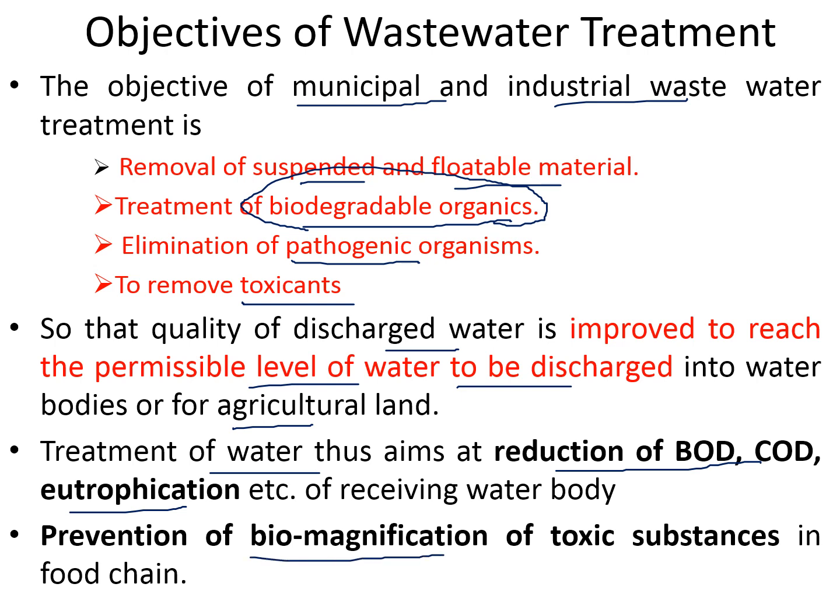Also it should not result in biomagnification of toxic substances, which may affect your food chain. So all these are the objectives of wastewater treatment. Here you can see that more impurities are to be removed as compared to water treatment. The wastewater treatment plant layout is more complicated as compared to a water treatment plant.